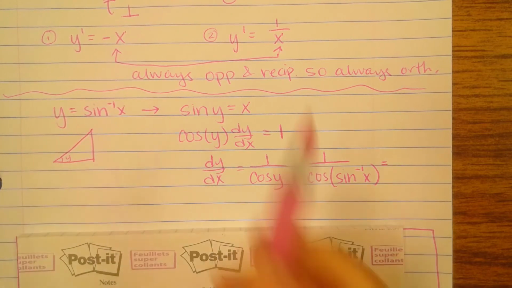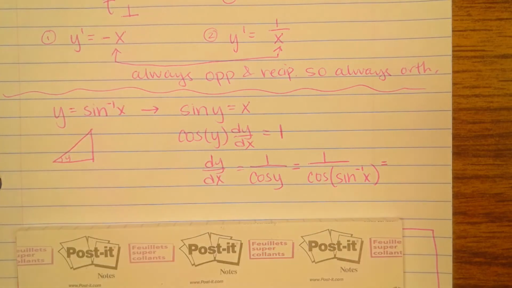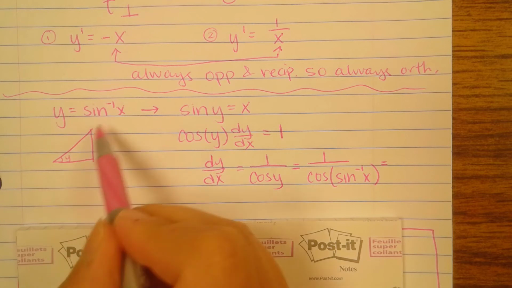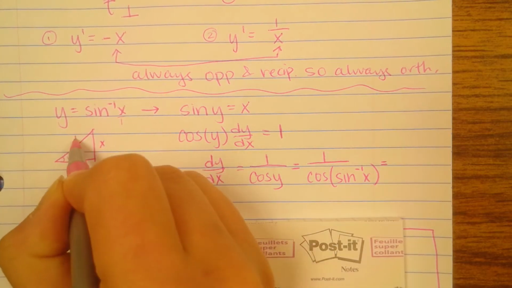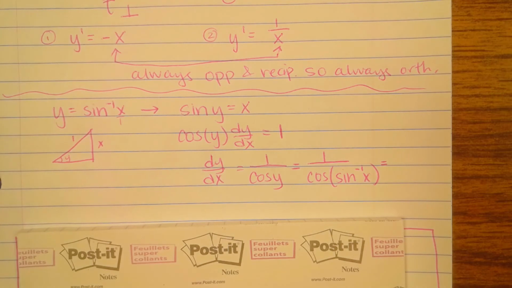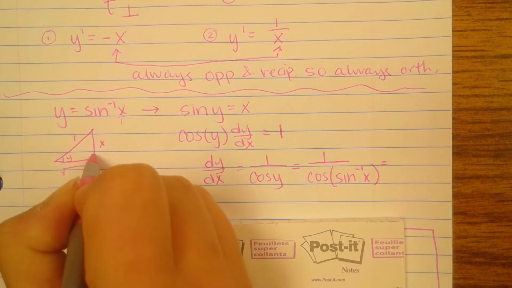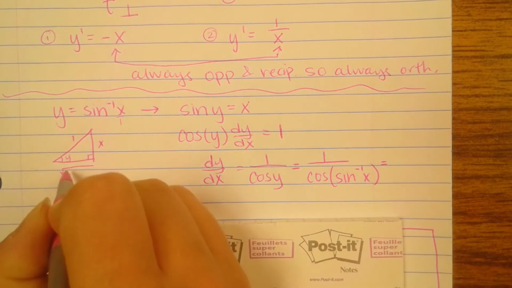And this ends up being a ratio of two sides. Sine is opposite over hypotenuse, so from this angle my ratio is x over 1. So opposite is x, and my hypotenuse is 1. For my other side, using the Pythagorean theorem, I'd end up getting the square root of 1 minus x squared.